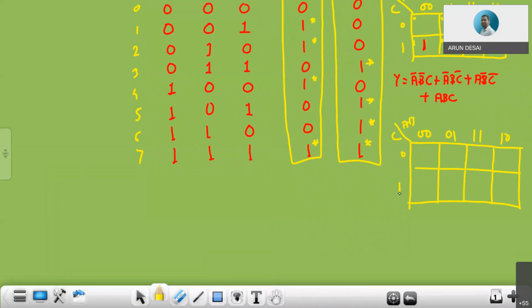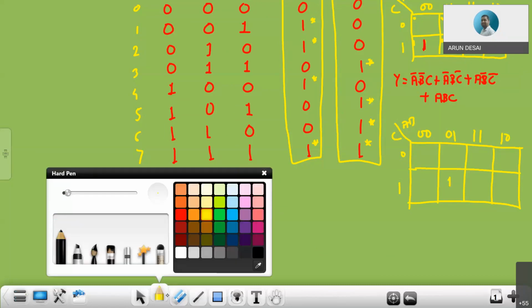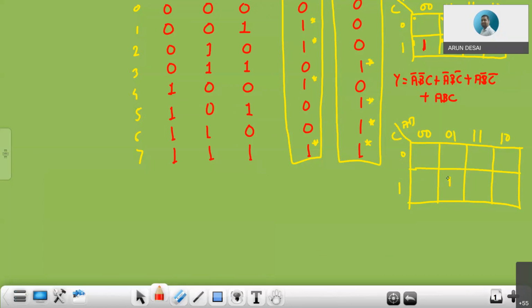Okay, carry is on for 3. So this is on for 3. Now 5, 4 and 5, then 6. 6 is here, and 7.